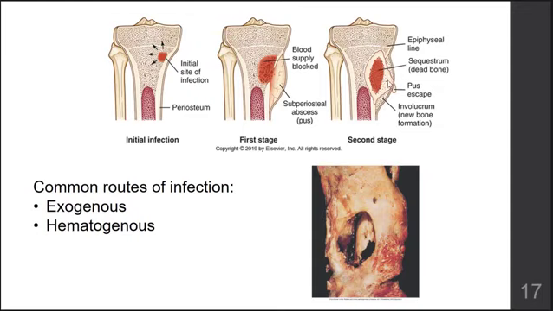And then here shows you that pus can escape. This infection can escape, and if it does, and it penetrates through that periosteum, then it can spread to soft tissues that are in the area. And this shows you osteomyelitis in bone. I would also like to make note that Staphylococcus aureus is a very common infectious agent that can cause osteomyelitis.